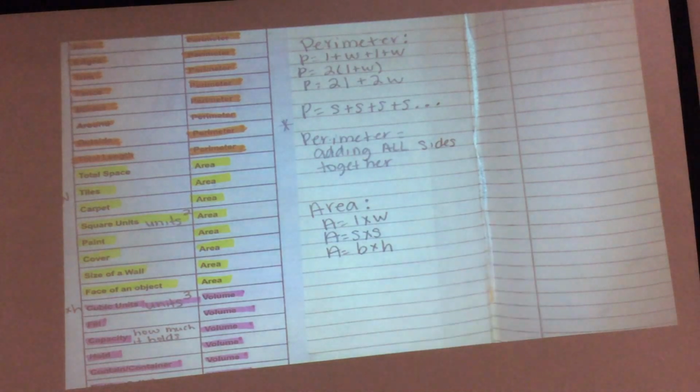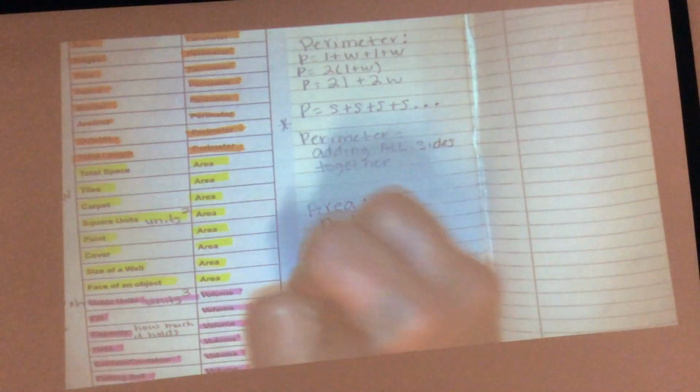So for area, you're multiplying two sides together.